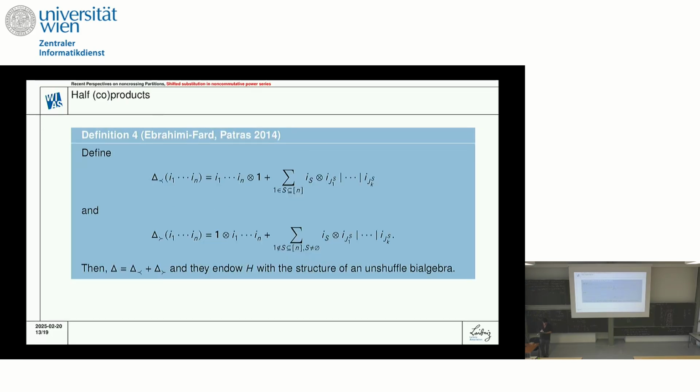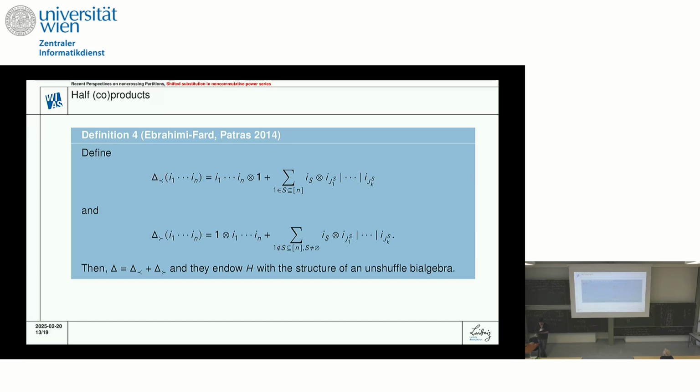Because in this case, which is not the case for the commutative side, this coproduct splits into 2 parts, where I split the sum over all extractions, where I keep track of whether the first letter is on the left-hand side or the right-hand side. And this is what this arrow here, this symbol here is supposed to mean.